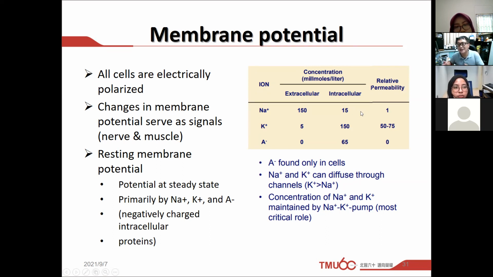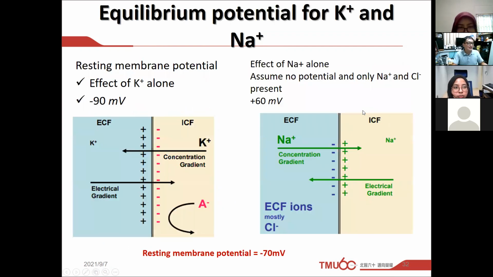Making homeostasis stable. Got it? So you can see that different ion concentrations, from sodium and from potassium, will carry the charge difference between the internal membrane and external membrane.